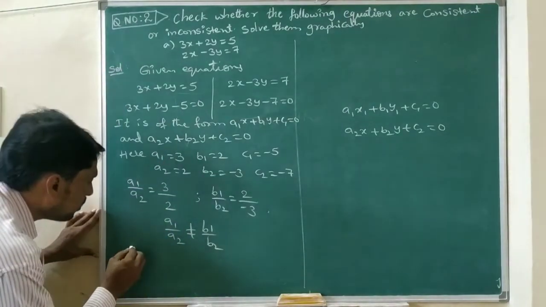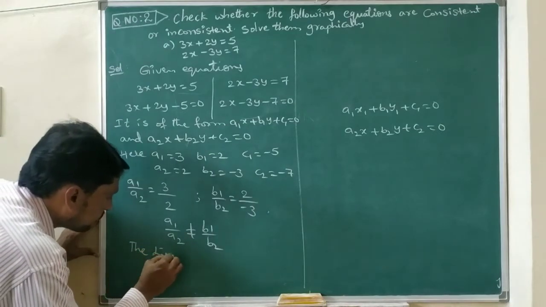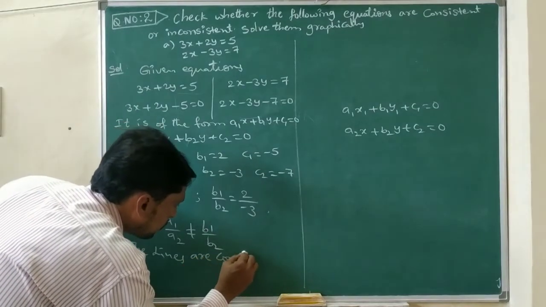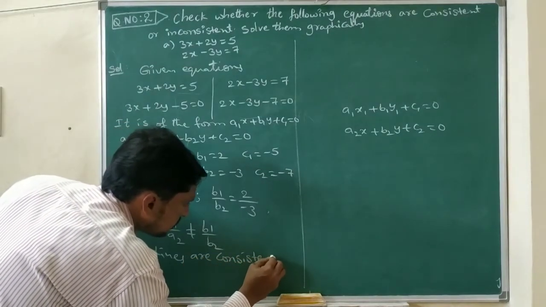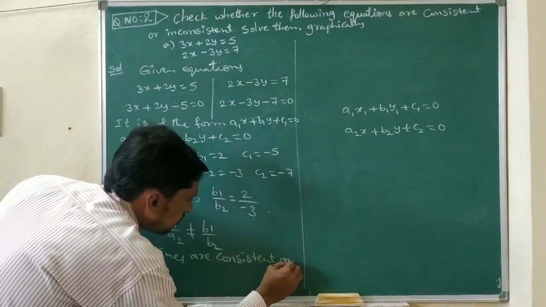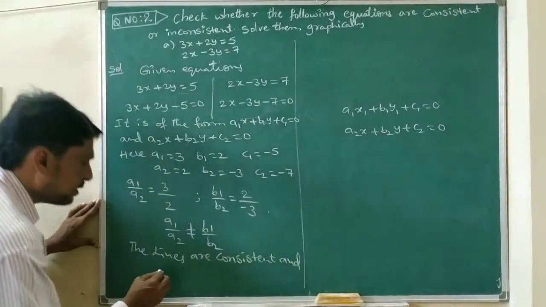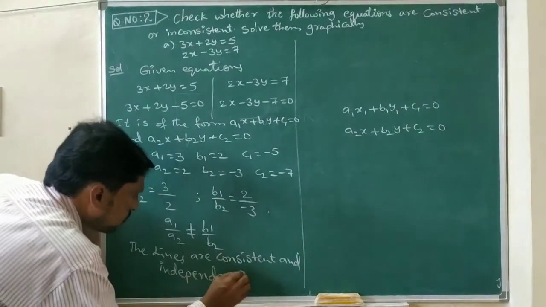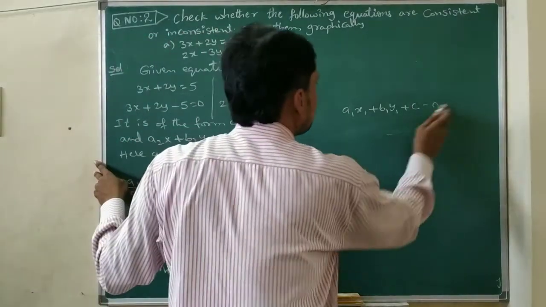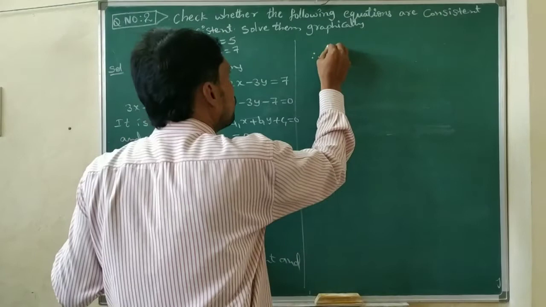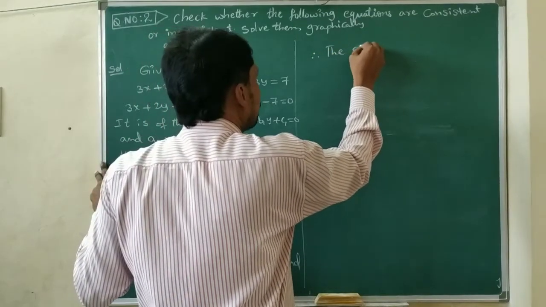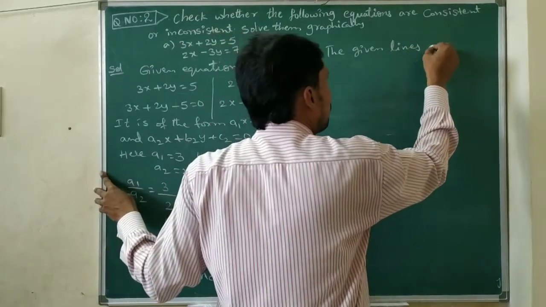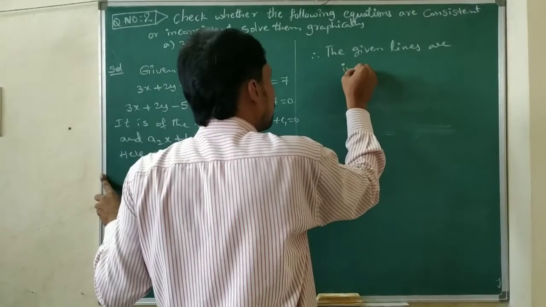So the given lines are consistent and independent. Therefore the given lines are intersecting lines.